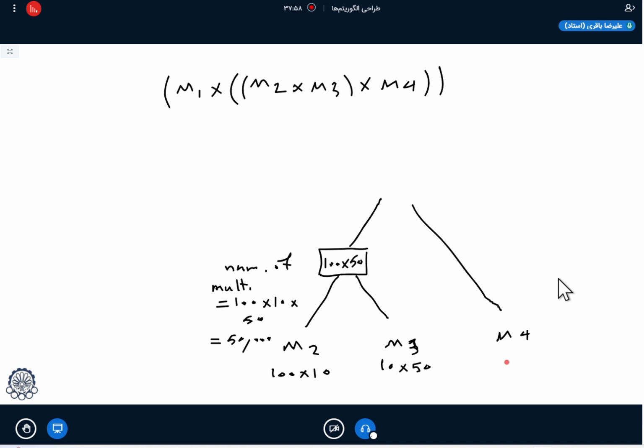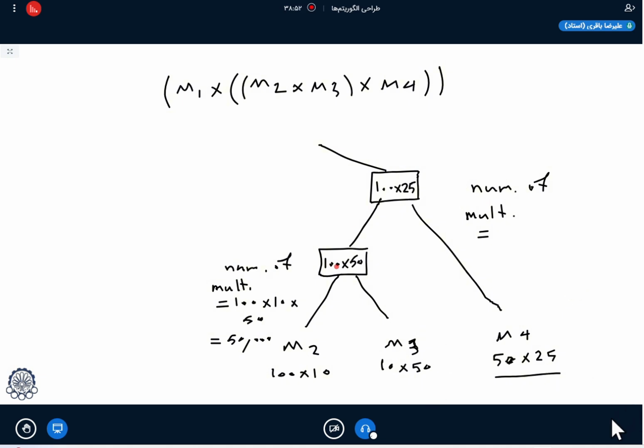M4 has 50 rows and 25 columns. If it is multiplied by the previous result, we have a matrix with 100 rows and 25 columns, and the number of multiplications will be, we have 50 rows and 25 columns, which is multiplied by a matrix that has 100 rows and 50 columns.